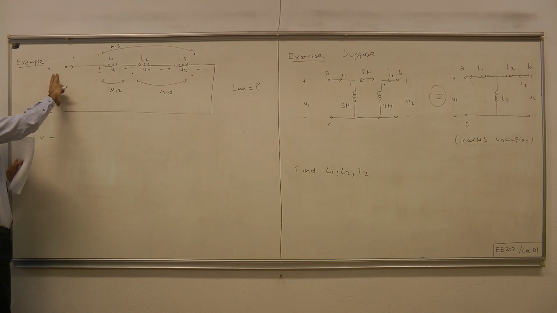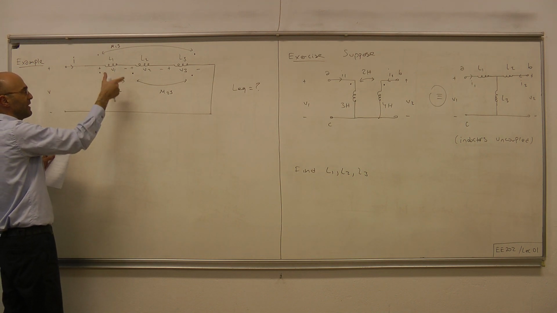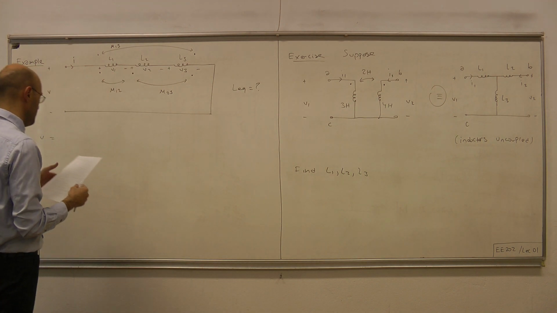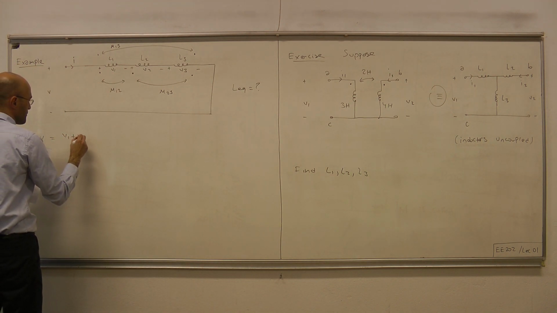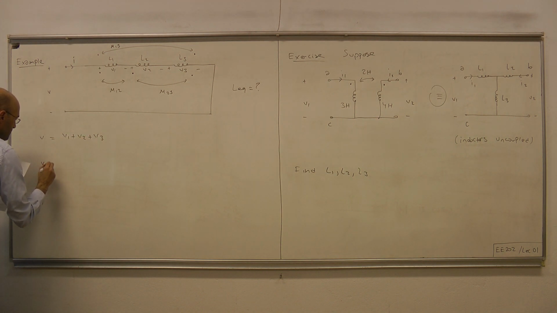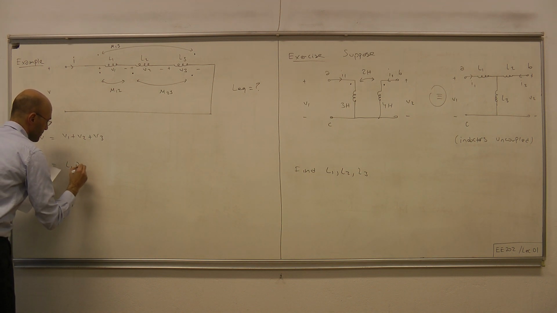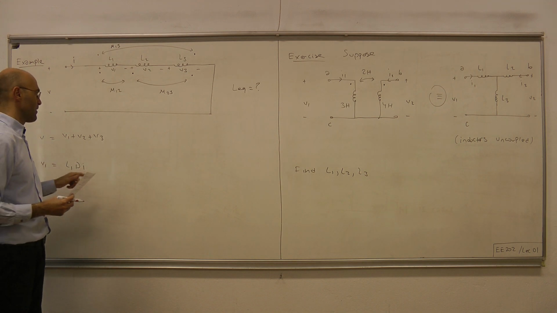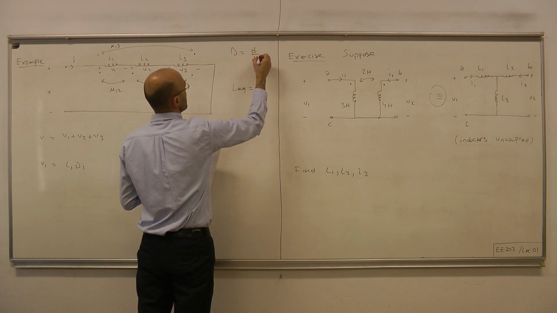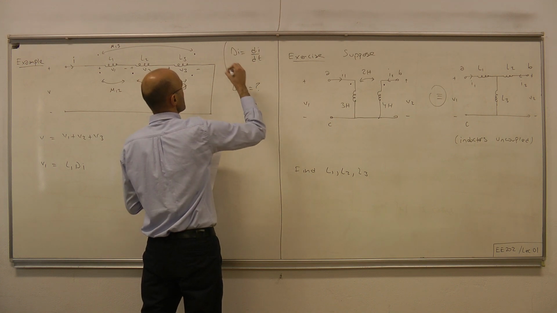So the voltage that appears across this pair of terminals equals by KVL clearly V1 plus V2 plus V3, the sum of voltages of the individual coils. So what's V1? V1 equals L1 dI1. Here D is our d dt notation, or dI is di dt.